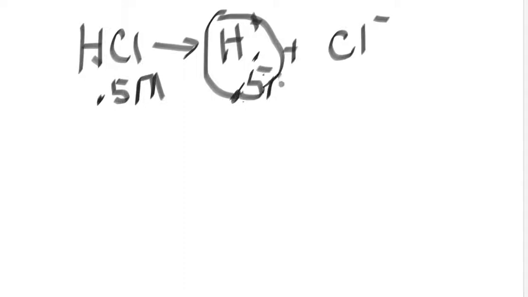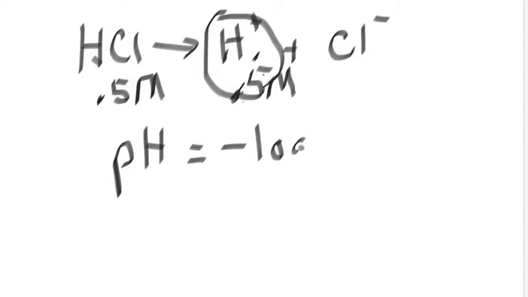0.5 molar of H's. And then we also learned that if you know the concentration of the hydrogen ion, you can figure out the pH, because we know pH is equal to the negative log of the hydrogen ion concentration, which we just said is 0.5.